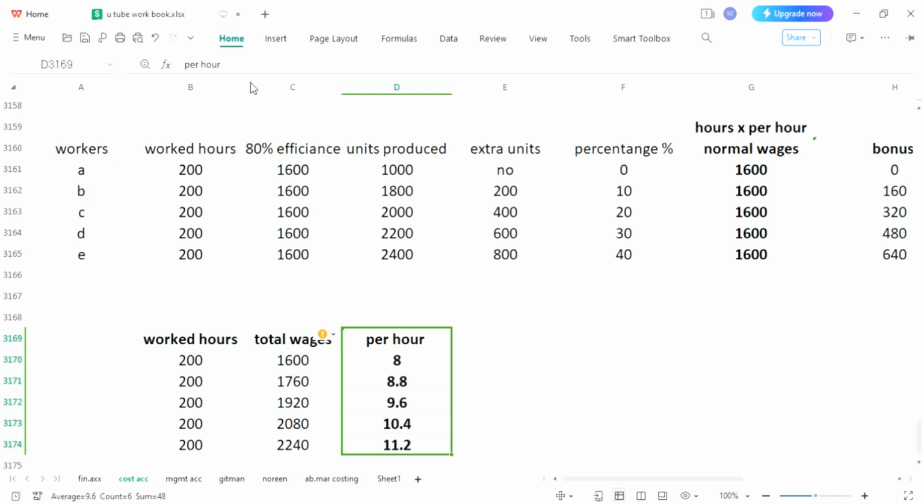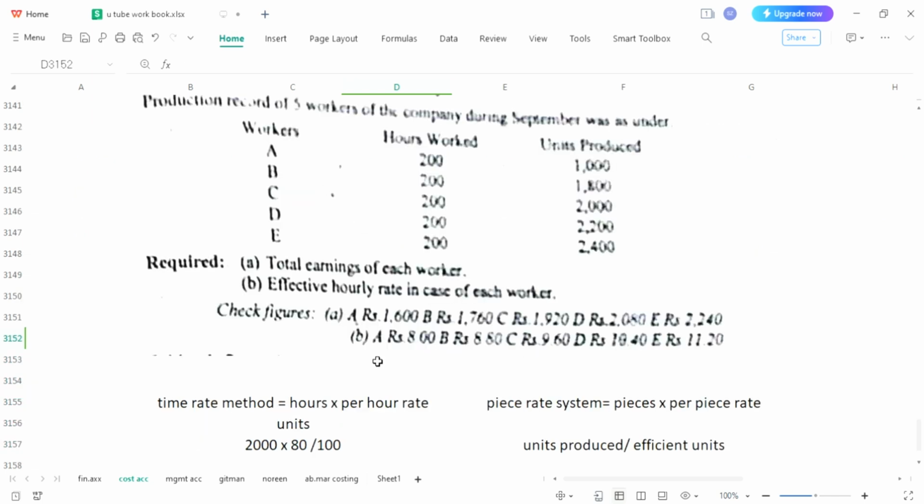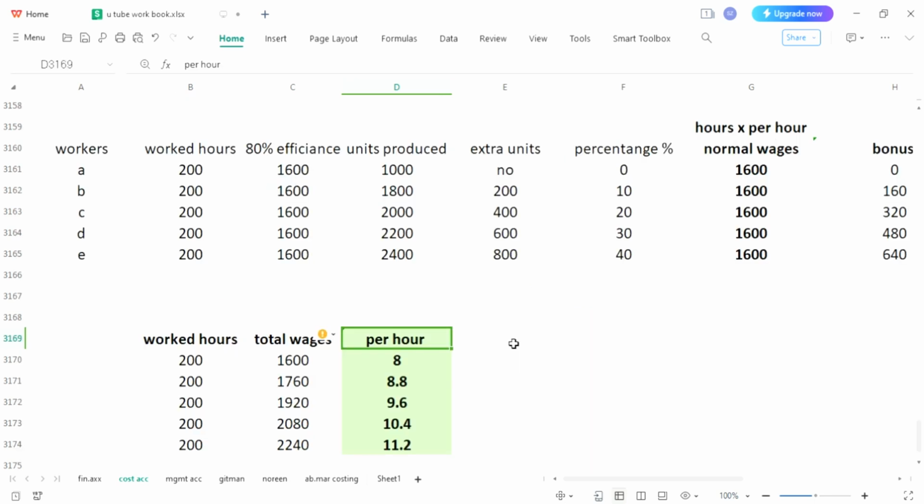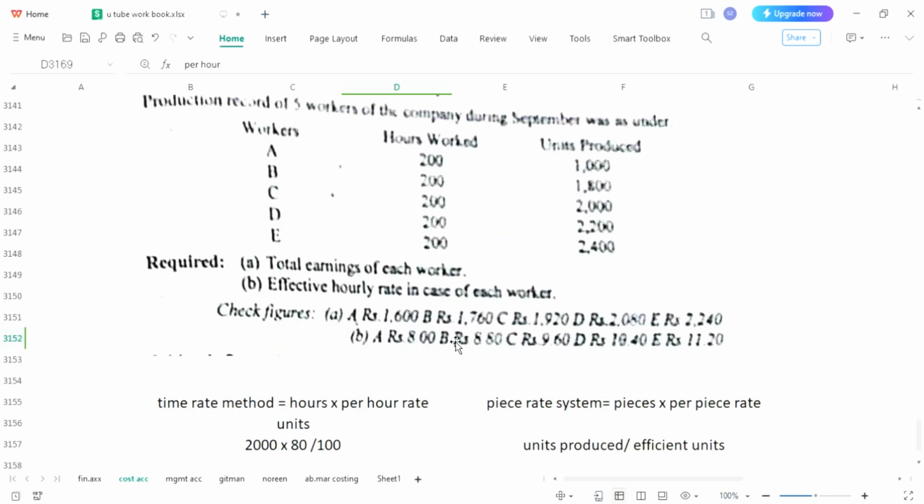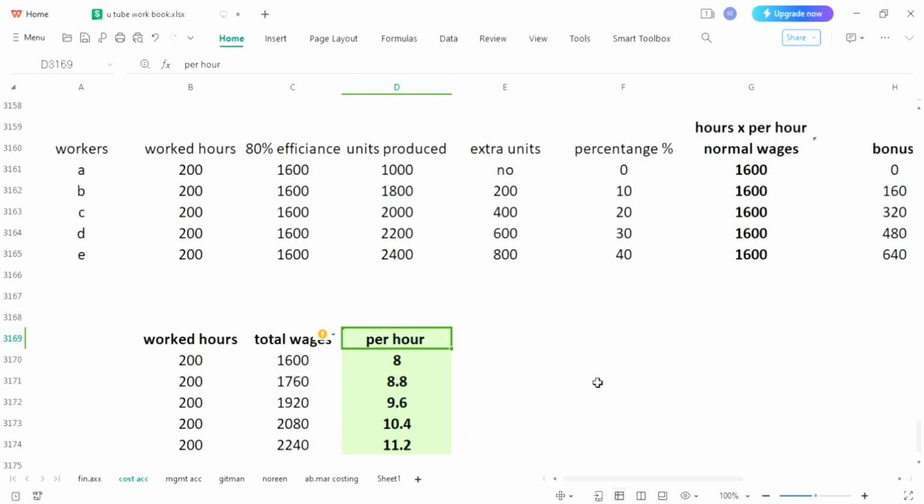So these answers were also reviewed: 8, 8.8, 9.6, 10.4, and the last answer, 11.2. So in this way we have reviewed all 10 answers.